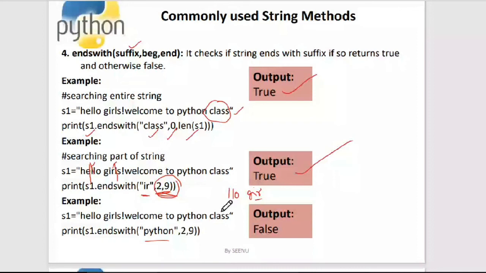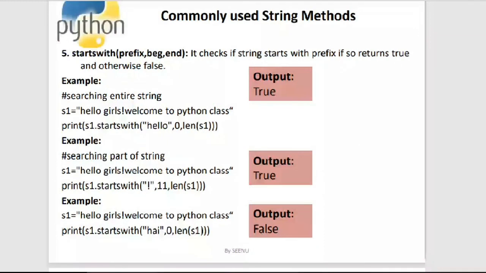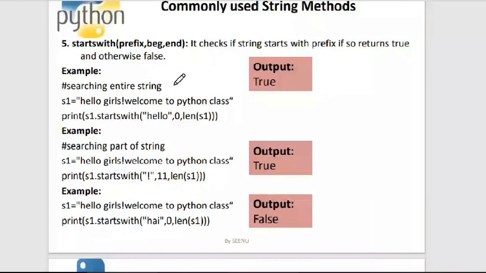Another commonly used string method is startswith. It's similar to endswith, but here we are checking for some prefix. So if the prefix is found, it returns true, else it returns false. So this is the string that I want to search, and I want to search whether "hello" is there as the first word. You can search for a character also, you can search for a string also.